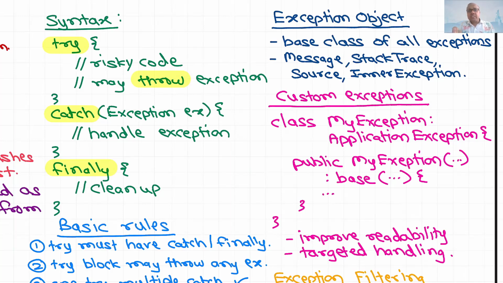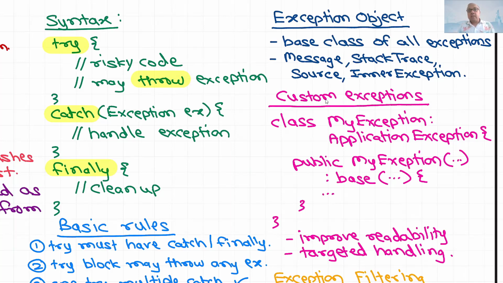And there are basic properties which are available in every exception object, which is nothing but Message. So you will have a proper readable message, something that we were seeing like hours must be in a range from 0 to 23. Or there is StackTrace, which was clearly showing you where exactly the error occurred and which function is called from which function.